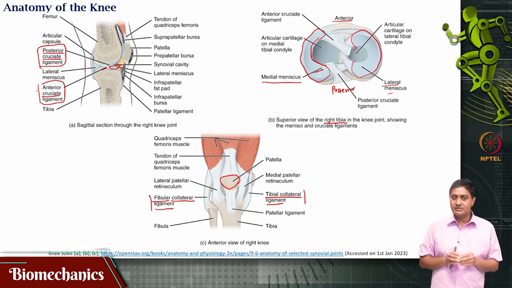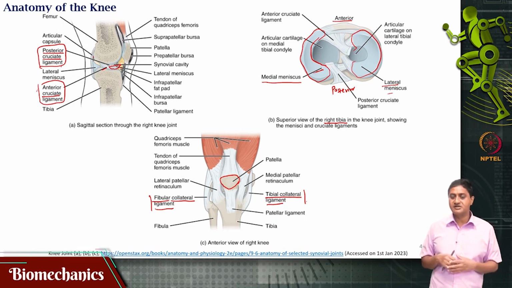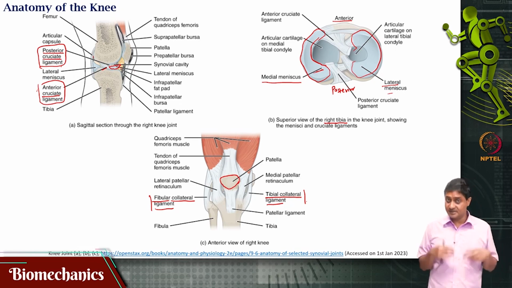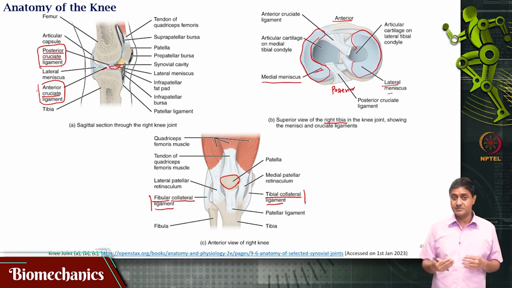And there are special ligaments present to prevent unwanted movements. Those on the same side are called collateral ligaments. There are 2 of these, fibular collateral and tibial collateral ligaments, and those that cross over are called cruciate ligaments, the anterior cruciate ligament and the posterior cruciate ligament.